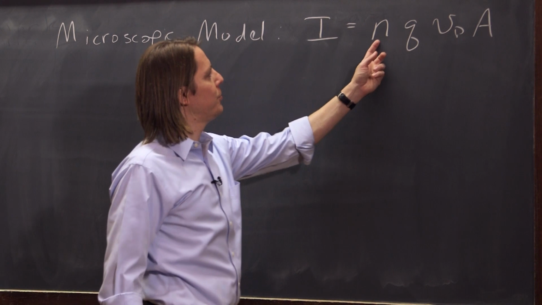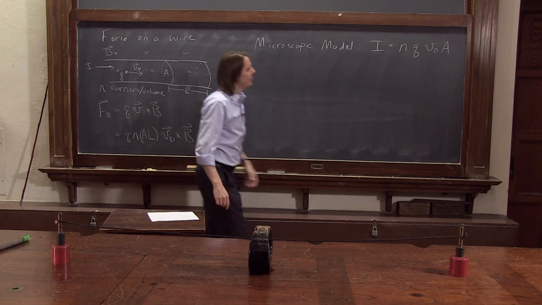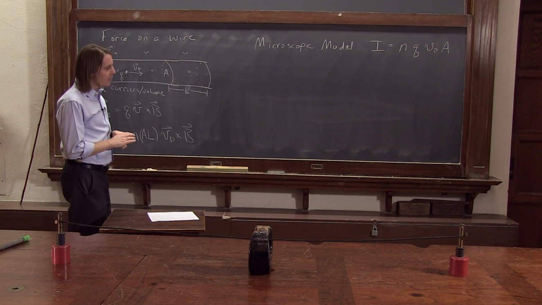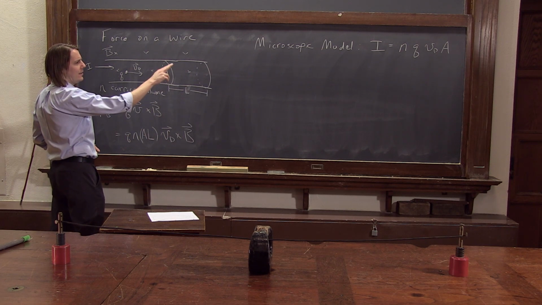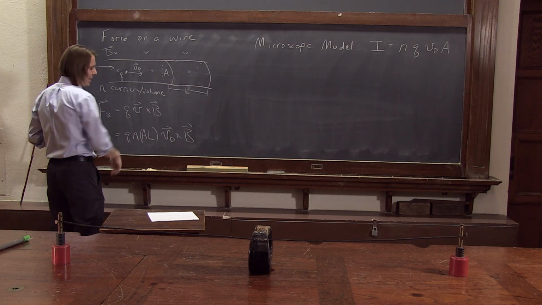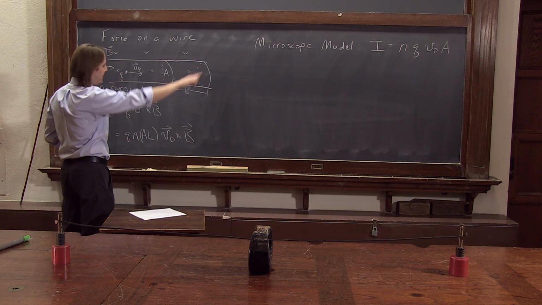The charge carriers per unit volume times their charge times their drift velocity times their area. We thought about that in LS5, I think it was. So what we get to see is that most of that is sitting right here, right? NQA is all right there. So NVd is right there.